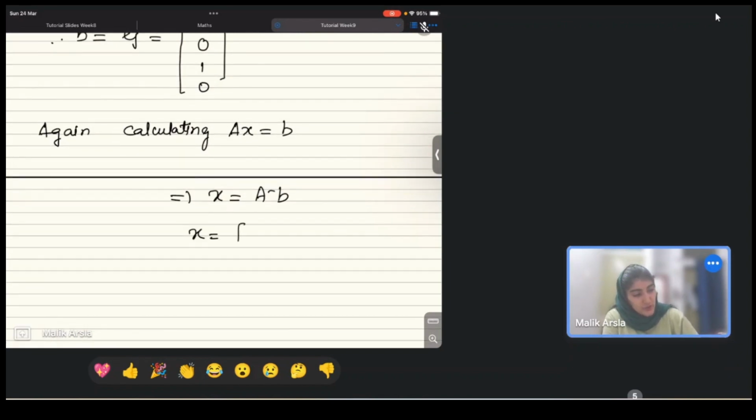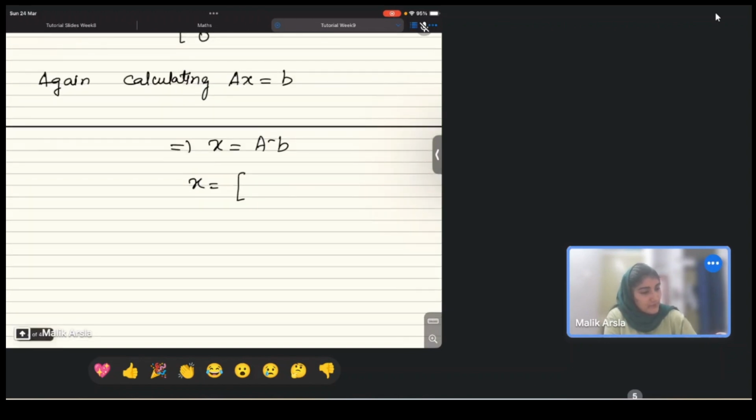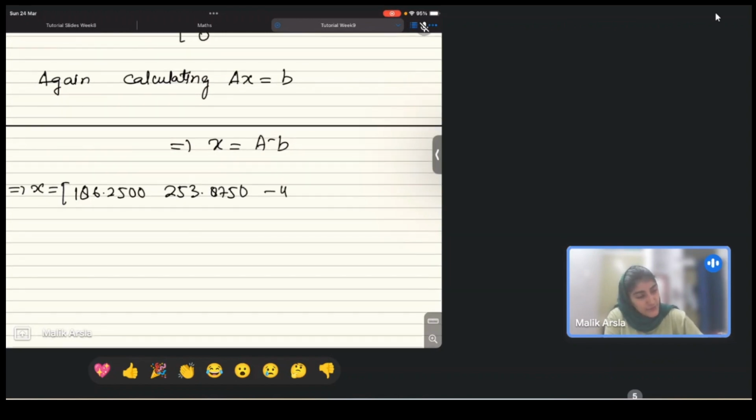So x is coming out to be 186.2500, 253.8750, minus 459.6875, and the fourth entry is 369.00, transpose.